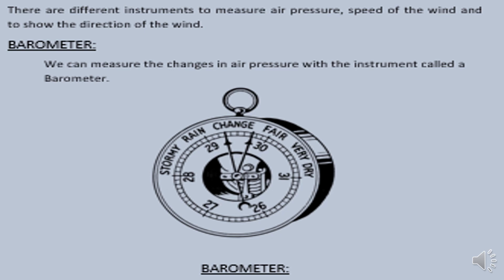In your book also, in the unit on air, these instruments are given. Those changes which are brought due to air pressure, we can measure with the help of this instrument called a barometer.